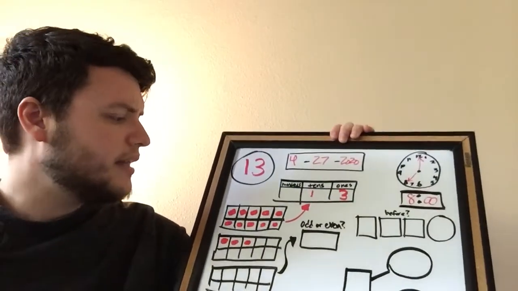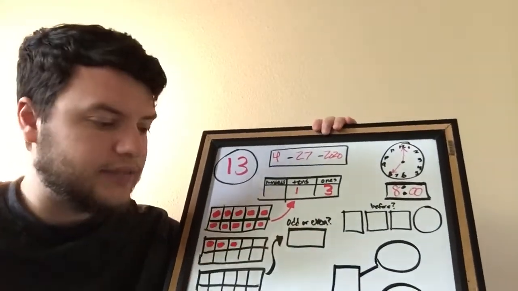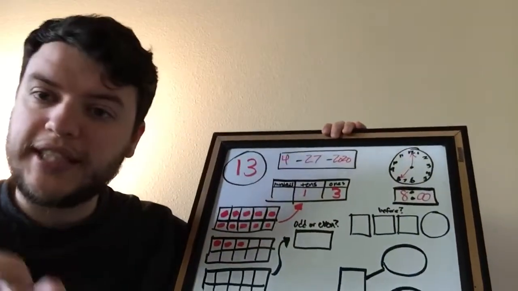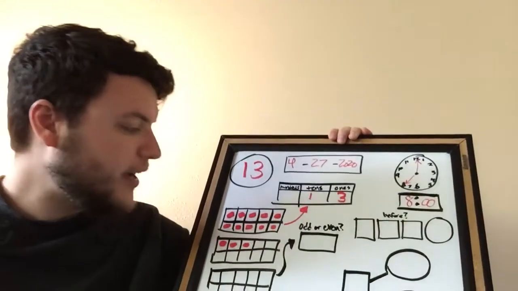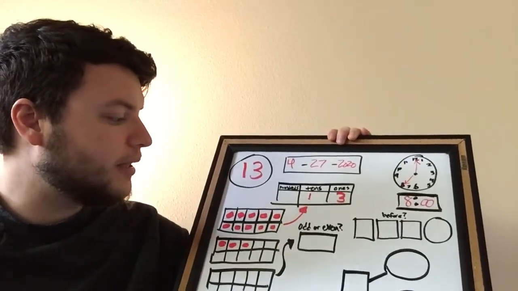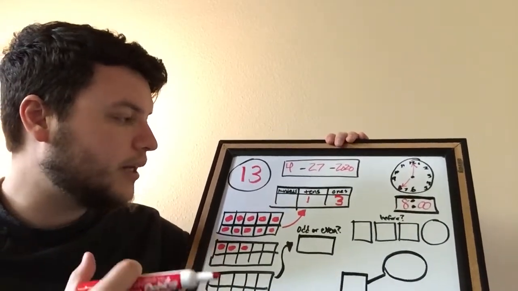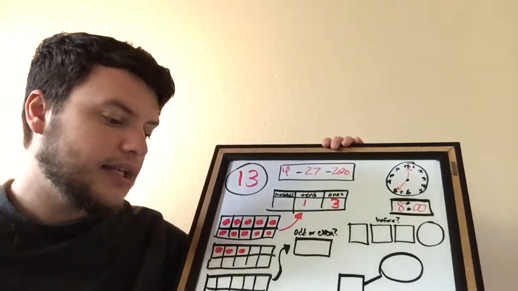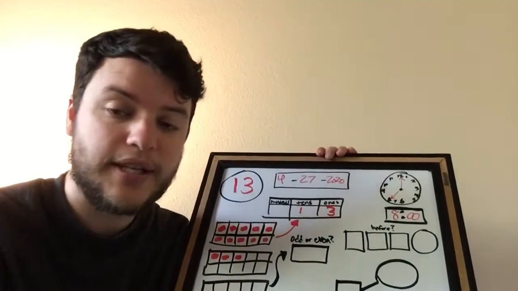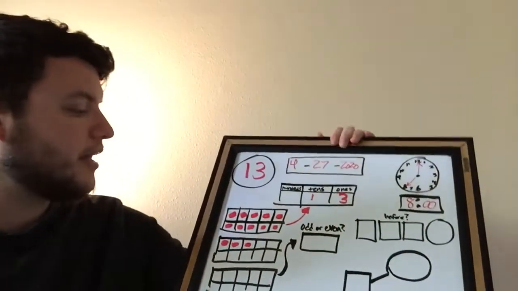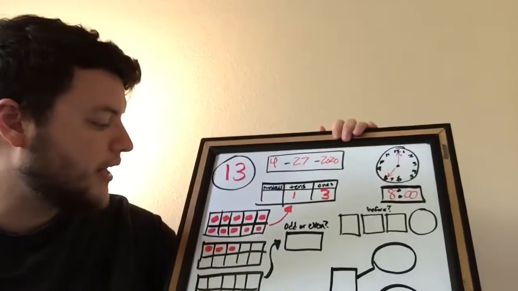This question, odd or even, is the number 13 odd or even? Well, let's find out. How would we determine if it's odd or even? Well, I know an easy way to do this. Again, something that we cover more in depth in first grade and definitely in second grade. But for this video, we can do it now.